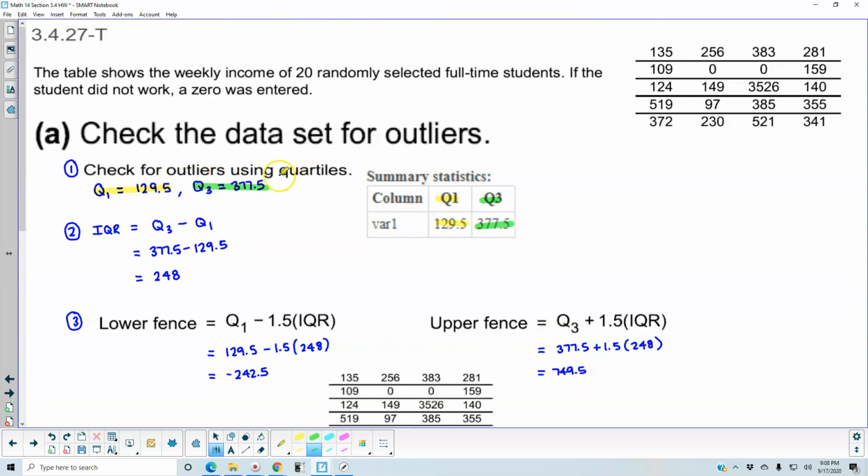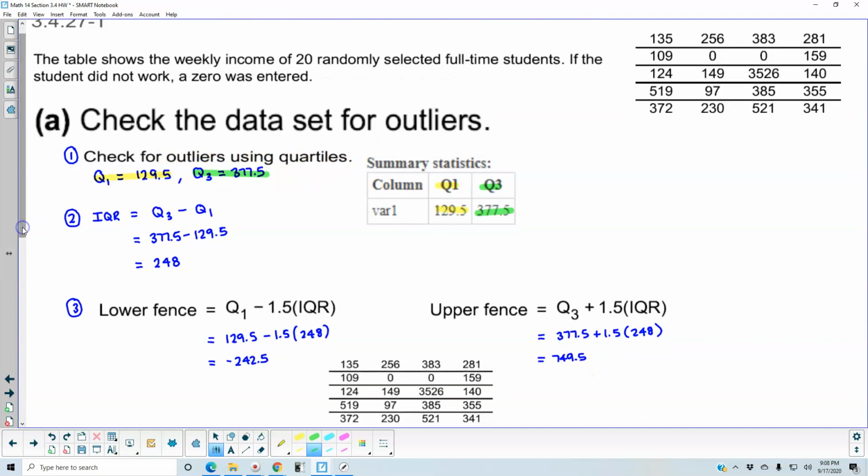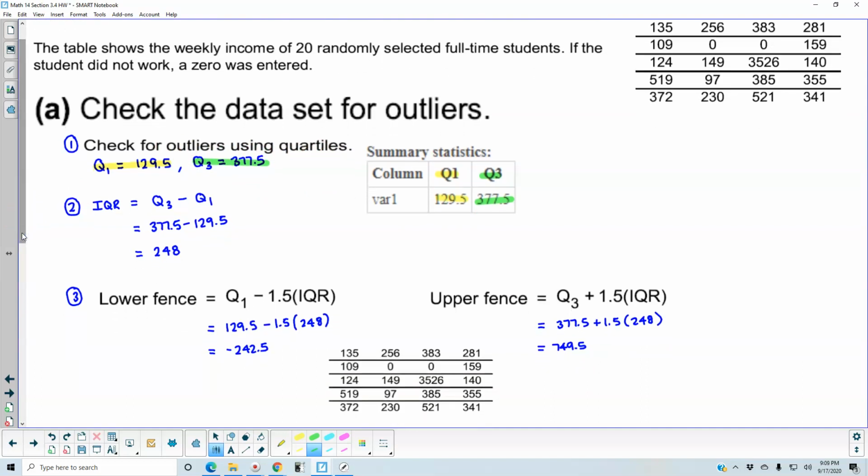So in order for us to check for outliers, we need to look at our data here and determine, is there anything that's less than the lower fence and higher than the upper fence? Well, the lower fence gives us negative 242.5, and the upper fence is 749.5.